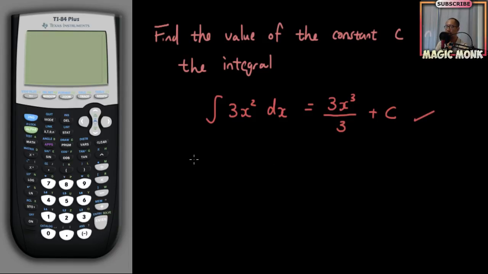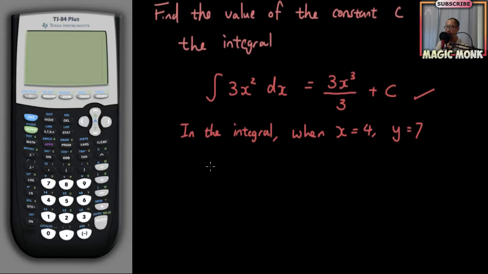But if the question says that in the original function in the integral, when x is equal to 4, y is equal to 7, then using this piece of information, you can find out what c is.